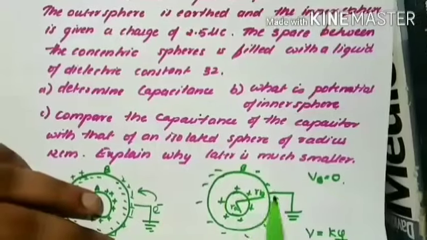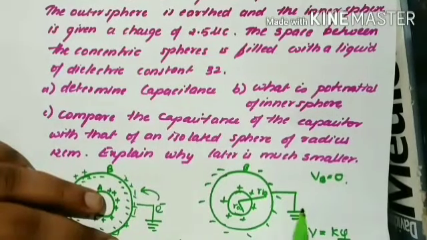See guys, since B is earthed, its potential will be 0, right?